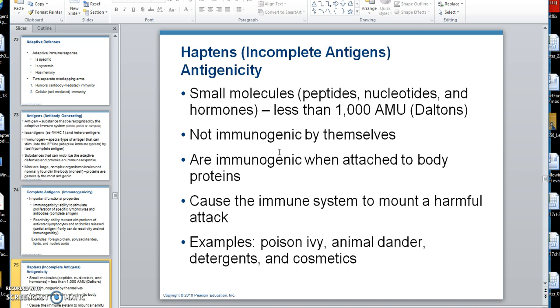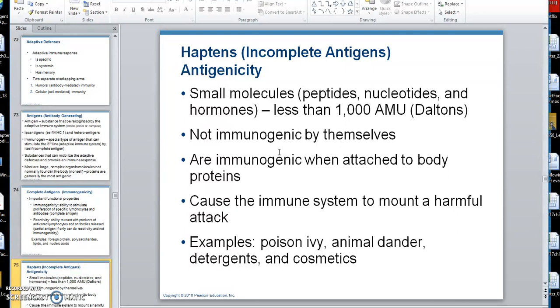All right, now this is what could happen. Let's say something happened that just the cap of the ink pen got in the next time, just using this as a scenario. Now, the cap of the ink pen would not have been big enough by itself to cause the third line to do anything. But because the larger entity had already gotten in and you had created fighters against the whole thing, if the cap came in by itself, you would fight against it because you'd already created fighters to the whole thing.